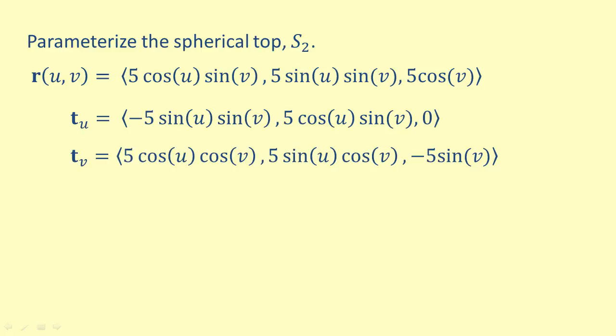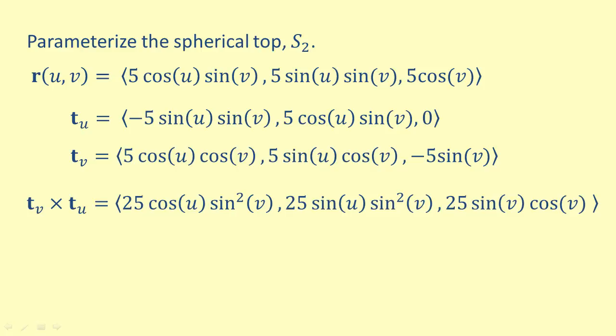It also follows that t sub v equals <5 cosine u cosine v, 5 sine u cosine v, negative 5 sine v>. Finally, t sub v cross t sub u equals <25 cosine u sine squared v, 25 sine u sine squared v, 25 sine v cosine v>. We took v cross u to make this vector positive.